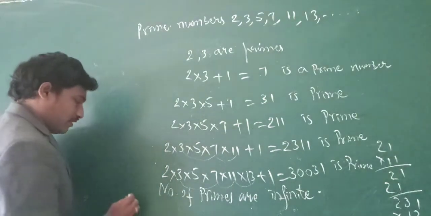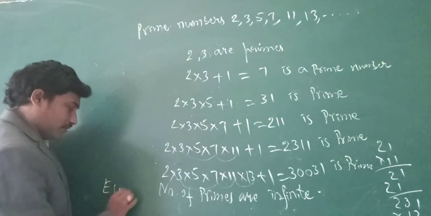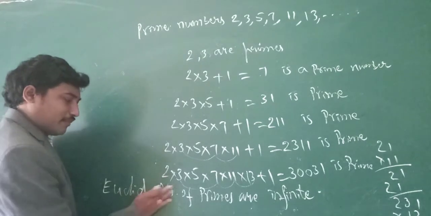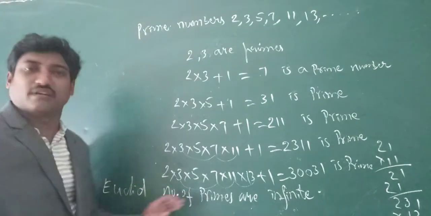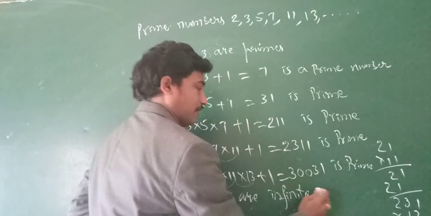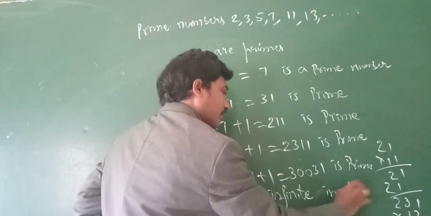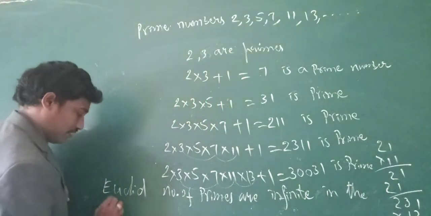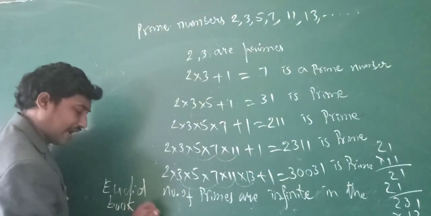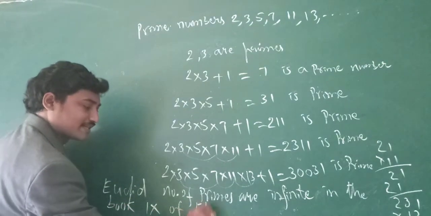Euclid proved number of primes are infinite in the book 9 of Elements.